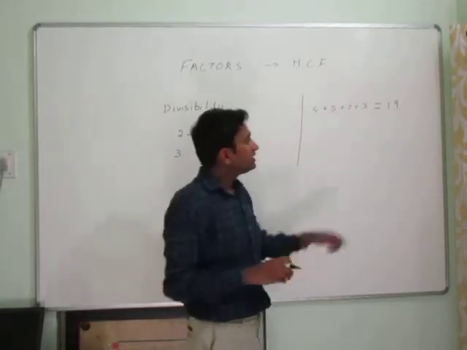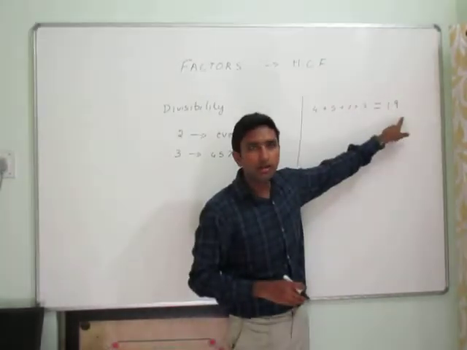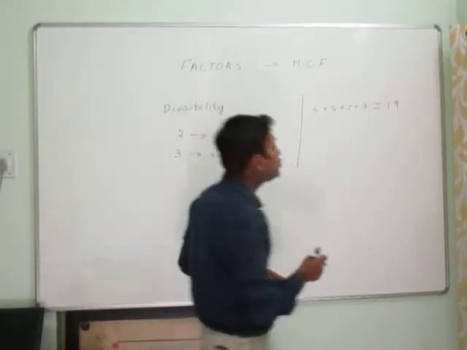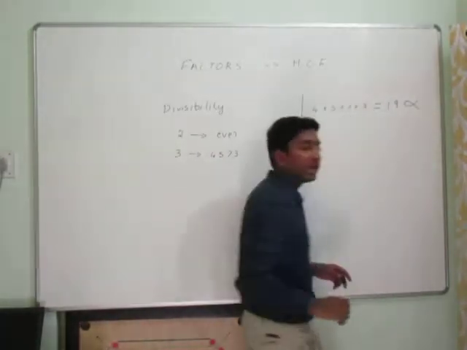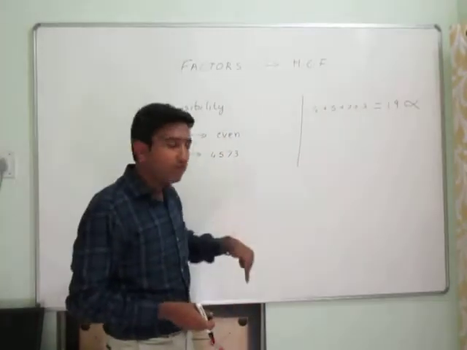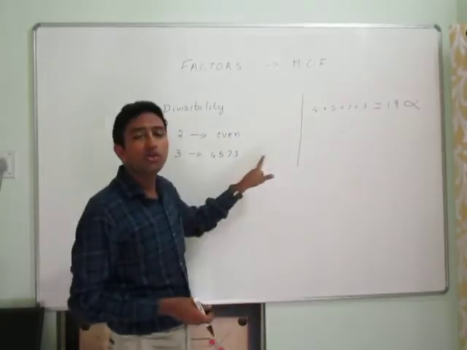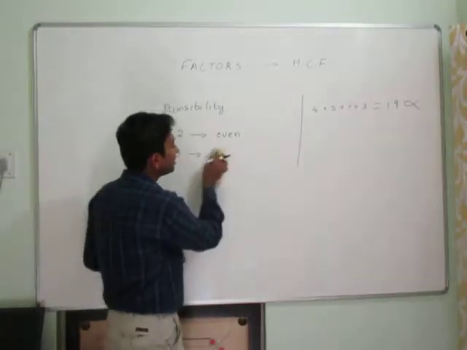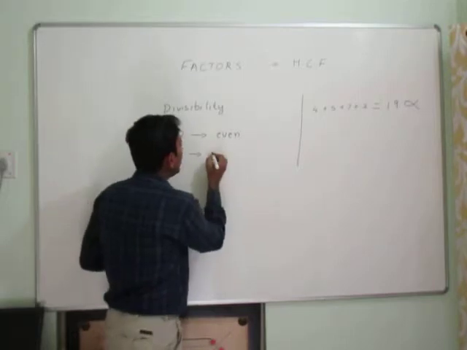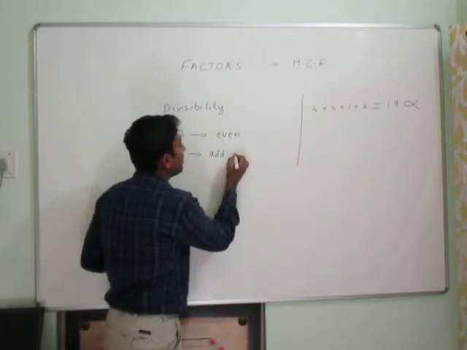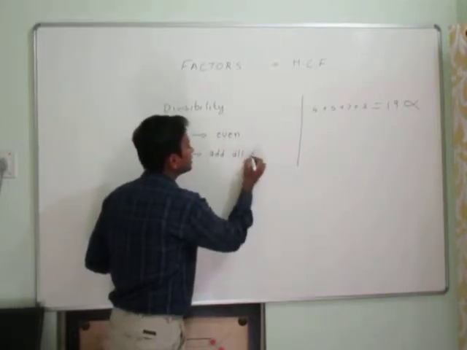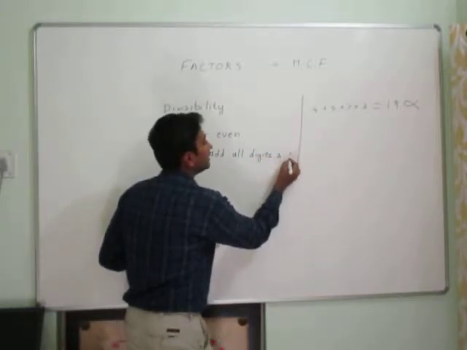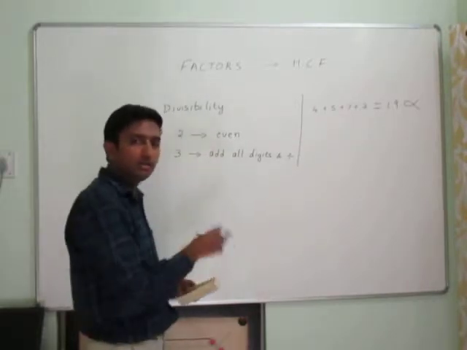Now, is 19 divisible by 3? You can check. 3 5s are 15, 3 6s are 18, 3 7s are 21. No. 19 is not divisible by 3. Therefore, 4573 is not divisible by 3. So, how do you check whether a number is divisible by 3 or not? Add all digits and check whether the sum is divisible by 3.